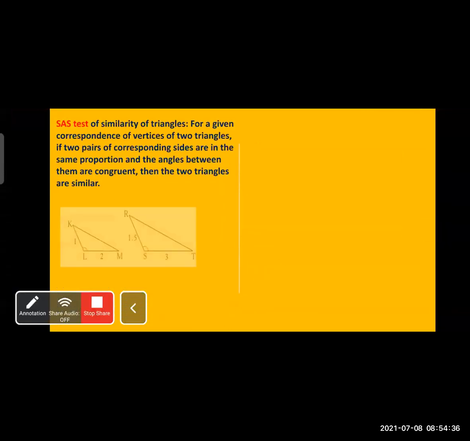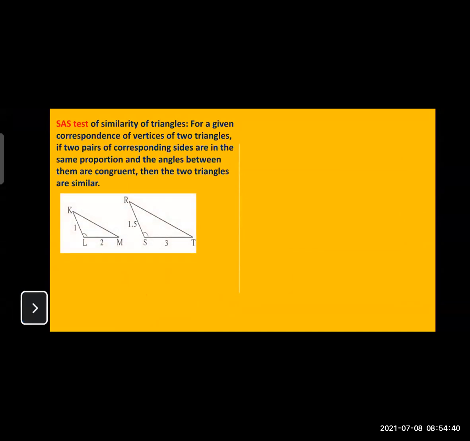The second one is the SAS test, the SAS test of similarity of triangles. First we see the condition. For a given correspondence of vertices of two triangles, if two pairs of corresponding sides are in proportion and the angles between them are congruent, then the two triangles are similar.